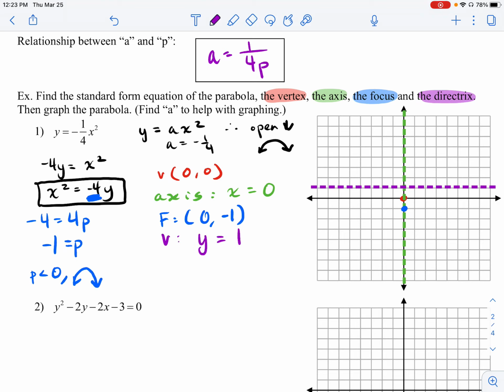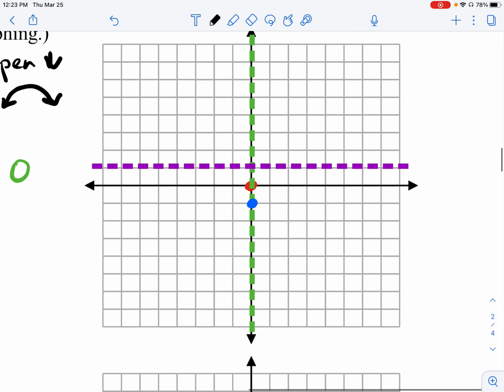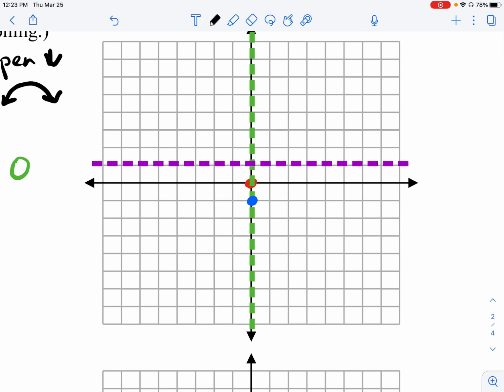So there's our directrix. So we've got mostly everything here. Now let's just finish this off by graphing. Well, we already know our focus, we know our vertex, so all we really need to do is plug in a couple of points on either side of the parabola and just go ahead and reflect them.